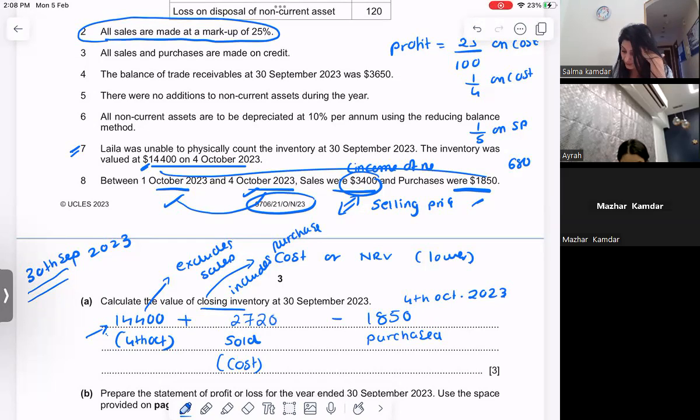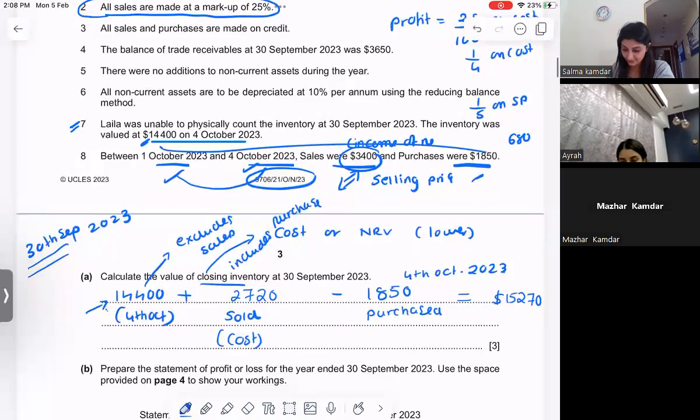So what is the value of your closing inventory? 14,400 plus 2,720 minus 1,850. So your value of closing inventory is $15,270. You need to be very clear.